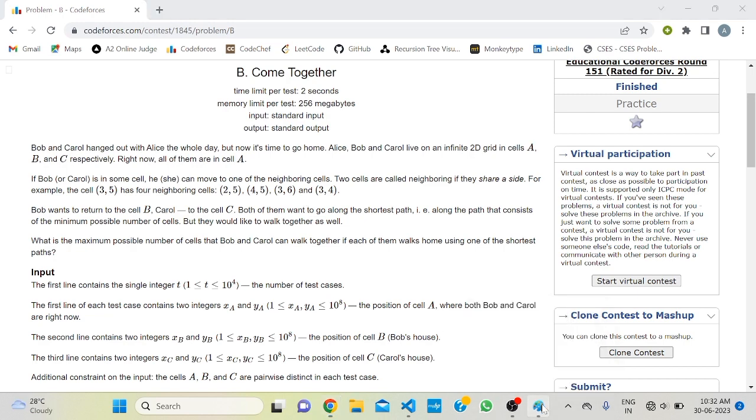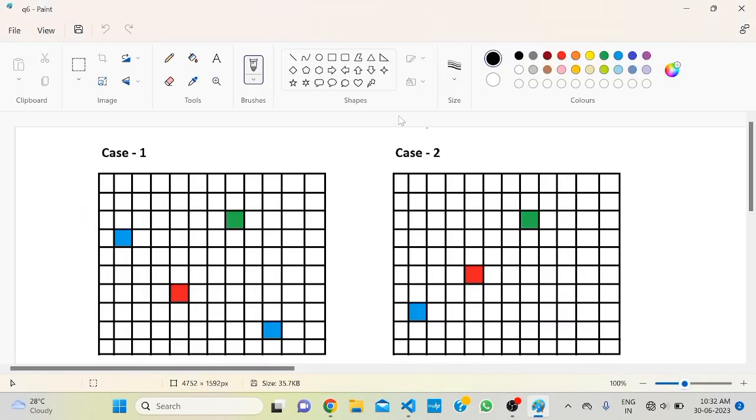So the basic thing is the neighboring cells of this red one are these four yellow ones. So Bob and Carol can go through these four from A, that is from the red one.